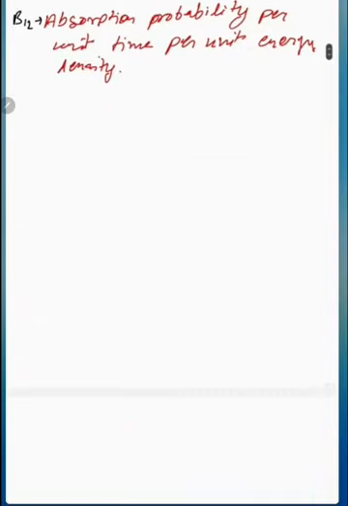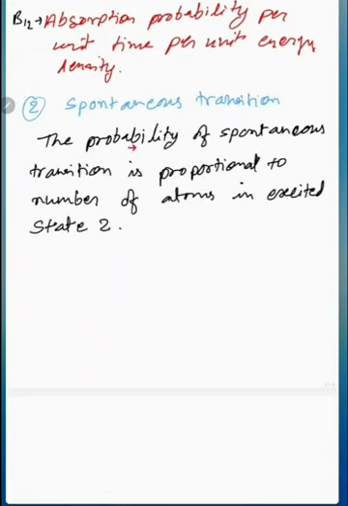Now let us see the second transition, which is spontaneous transition. Here the probability of spontaneous transition is proportional to the number of atoms in the excited state. Hence, if P21 is the probability of spontaneous transition, then it will be proportional to N2.